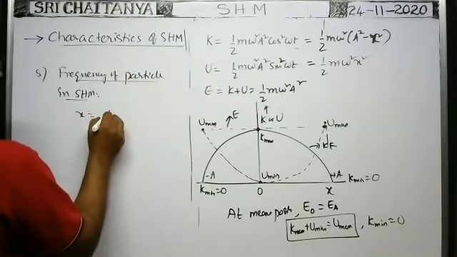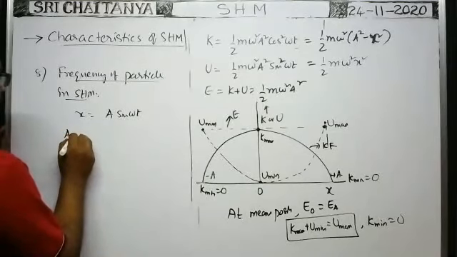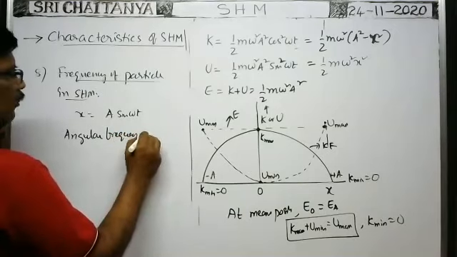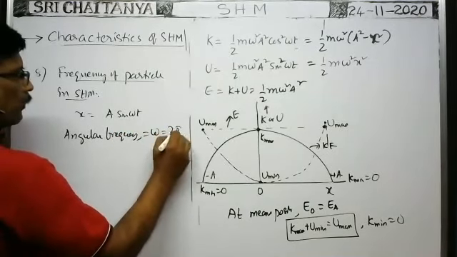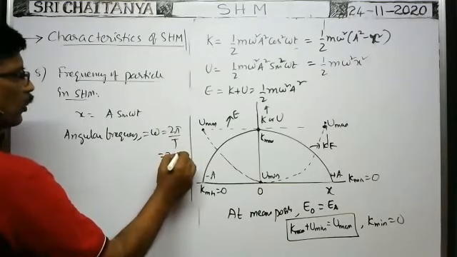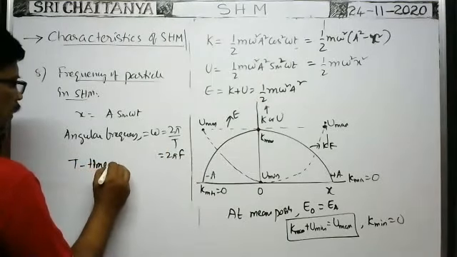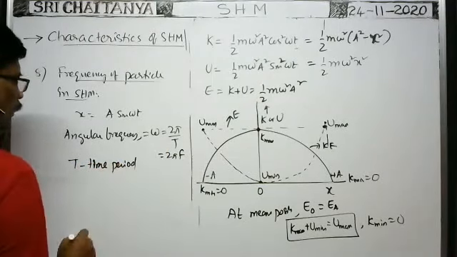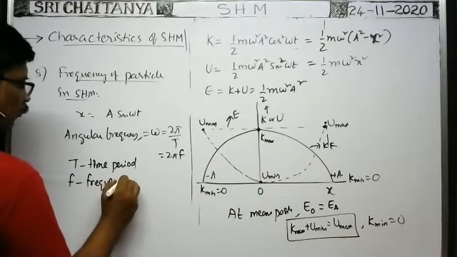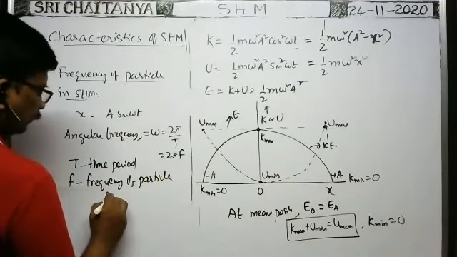In the formula x is equal to a sine omega t, the angular frequency is omega, which is equal to 2 pi by capital T. The reciprocal of the time period is called frequency. T is the time period of the particle in SHM, and f is the frequency of the particle in SHM.